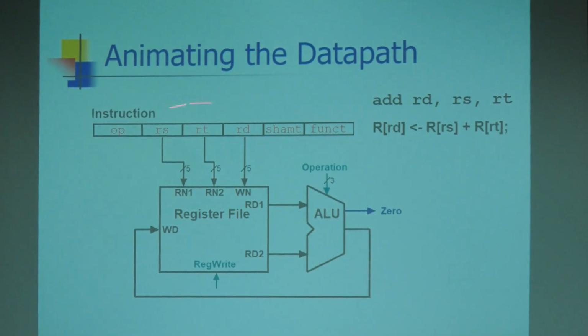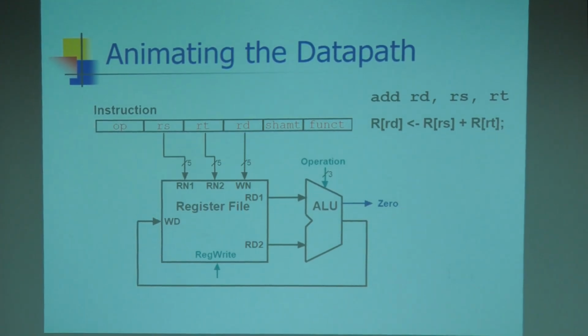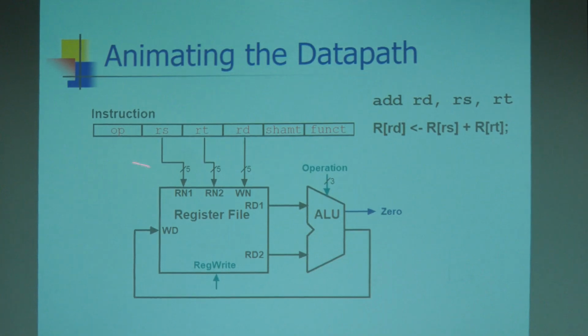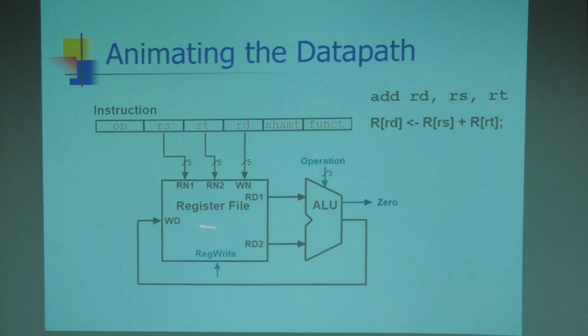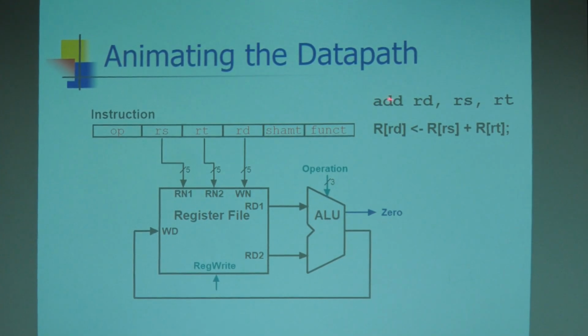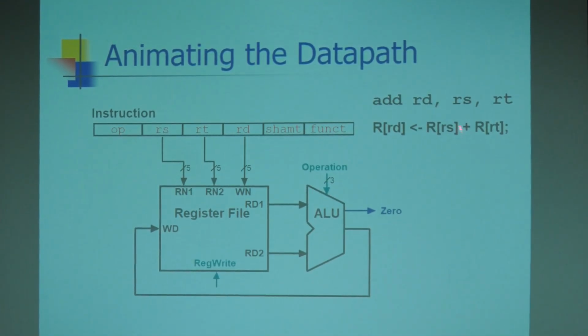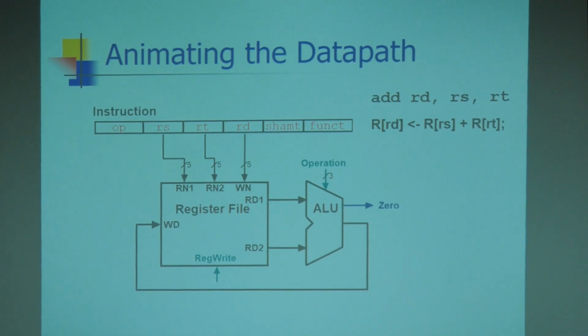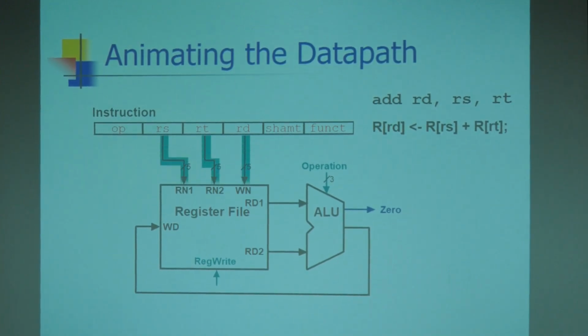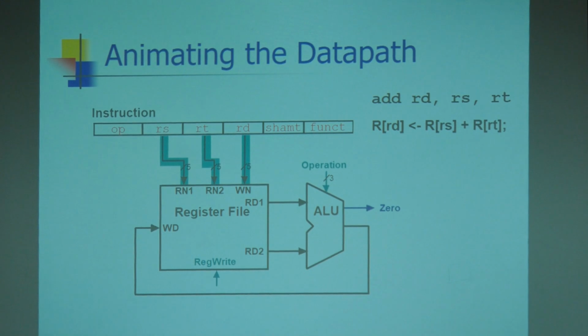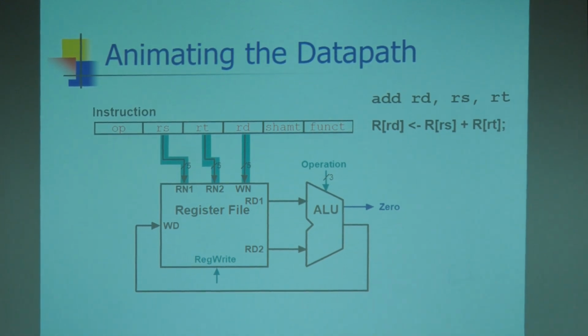This is the R format instruction template. From the instruction only, it is going to take the addresses. Then it will compute add RS, RT, that is RS plus RT, and the result is stored in RD. That is the address of the 3 registers.